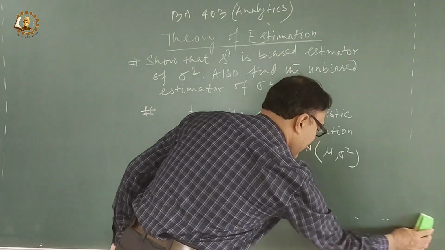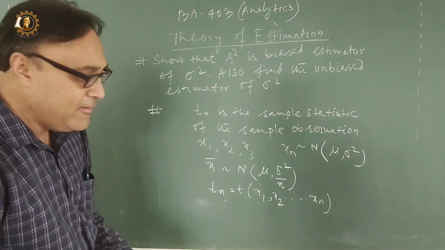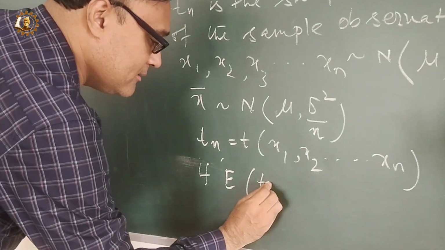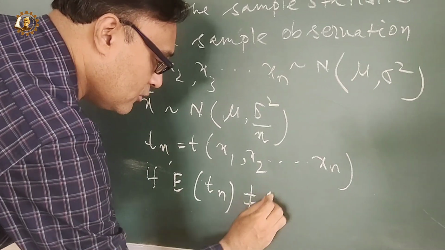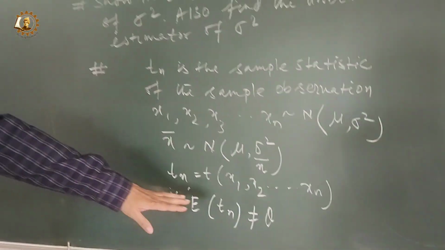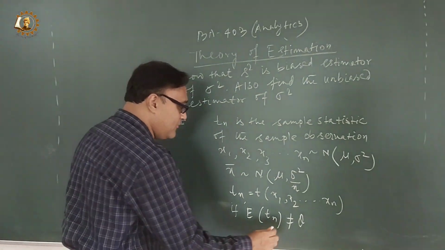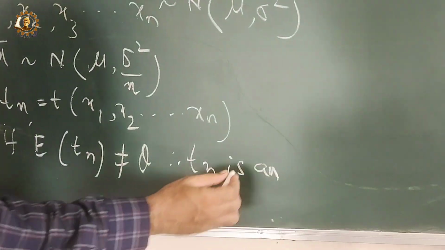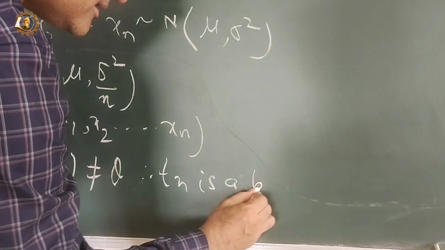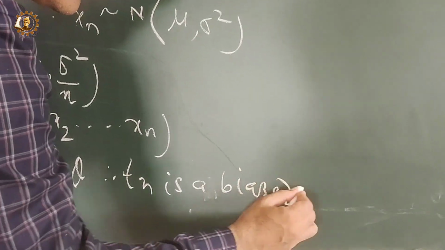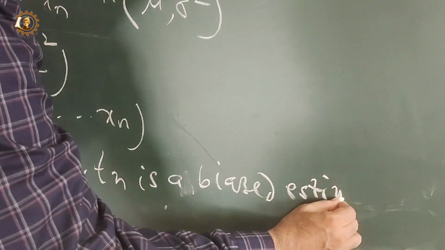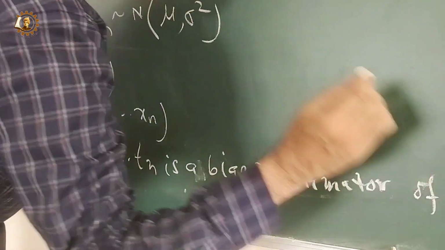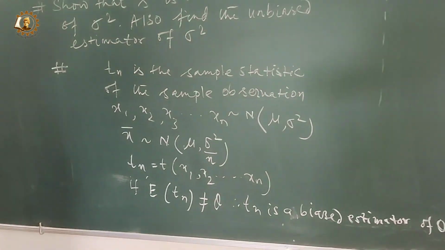What do you understand by biasedness? If E of Tn is not equal to theta, then we can say that Tn is a biased estimator of theta.